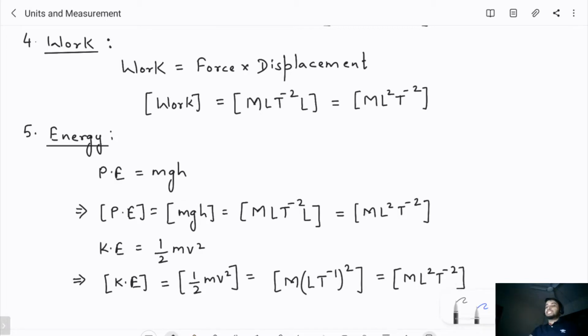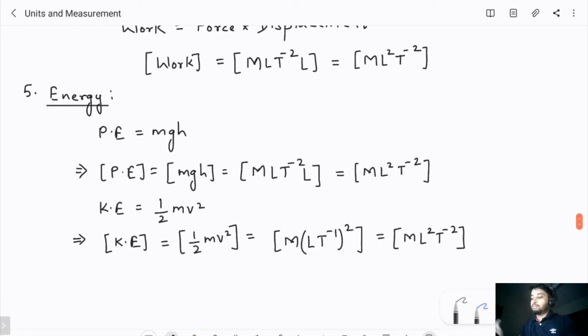So we can see here that whether we use potential energy formula or kinetic energy formula, the dimensional formula that we are getting at the end is same. Okay. So in general, the dimensional formula for energy is M L square T minus 2.